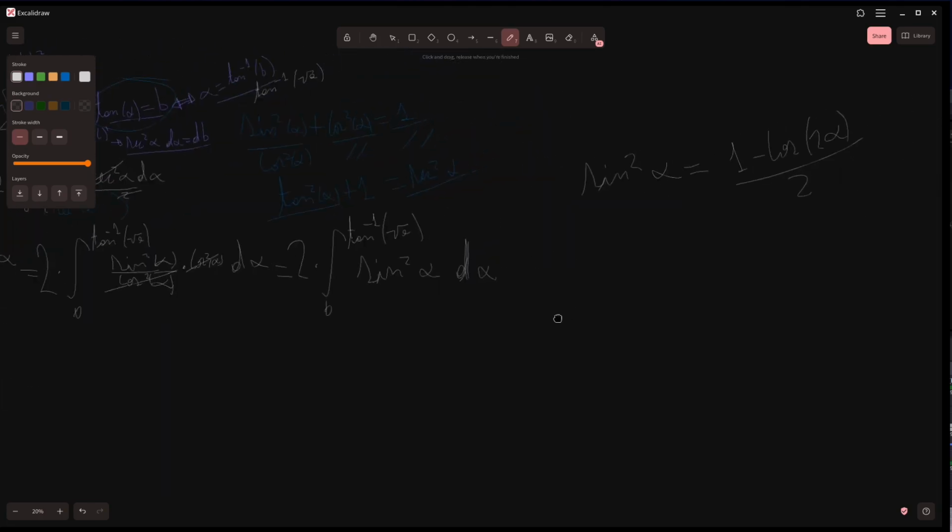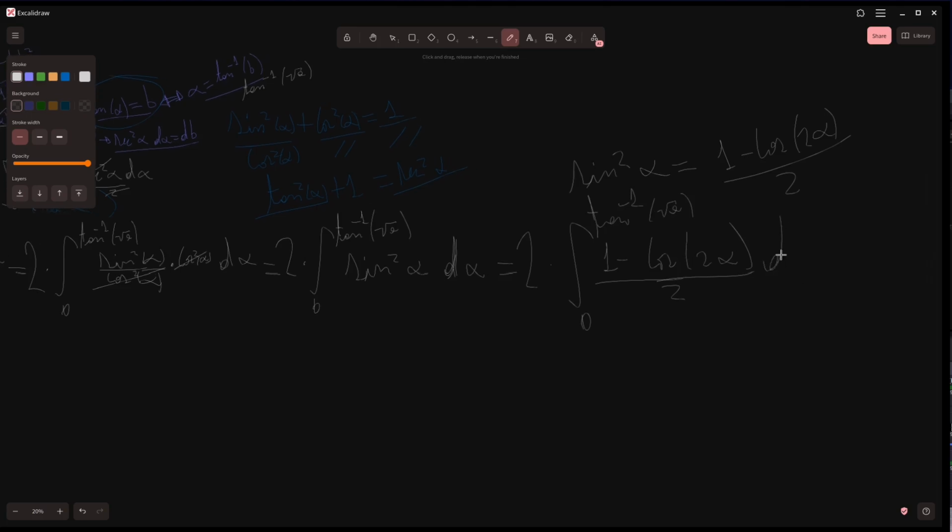So let's say this is equal to 2 times the integral of 1 minus cosine of 2 times alpha over 2, to arctangent of the square root of a.